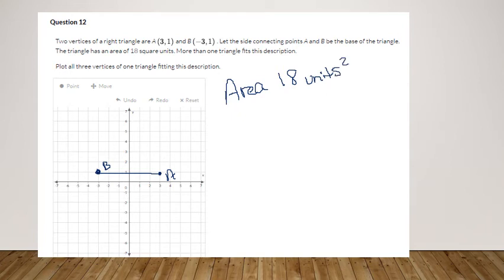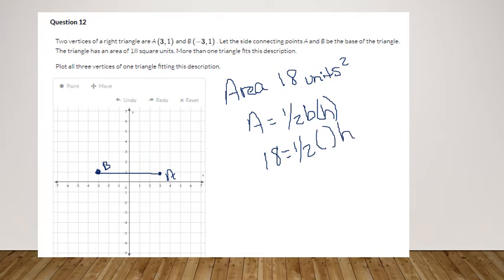And we know that the area of a triangle is 1/2 times the base times the height. So the area we know is 18. So this would be 18 equals 1/2 times the base times the height. We won't know what the height is until we solve for it. So let's see what the base is.